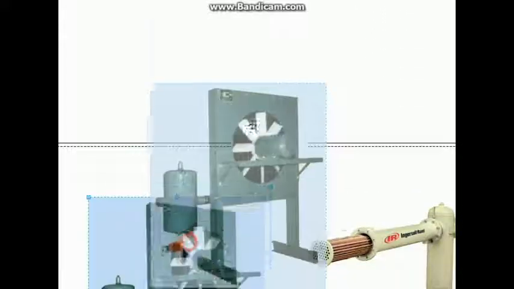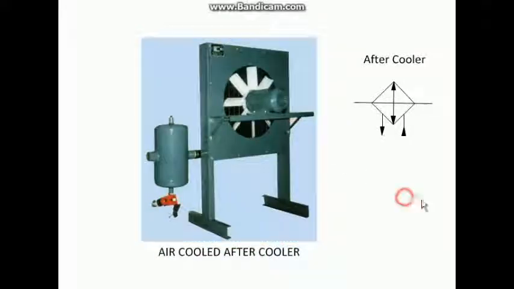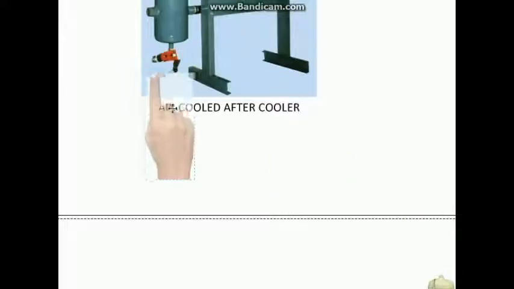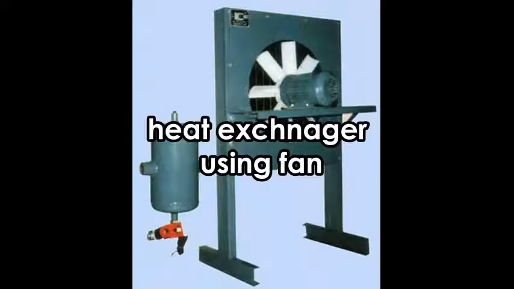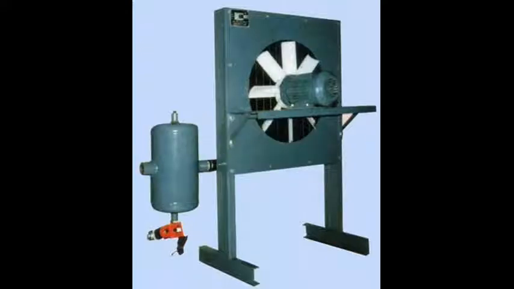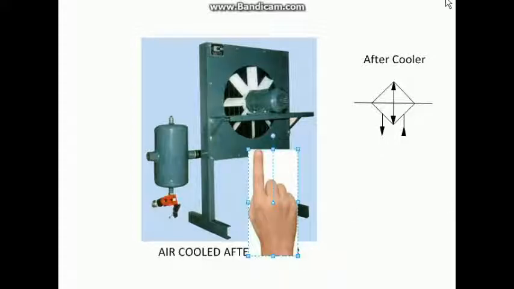The condensate is then gathered and discharged in a cyclone filter installed at the aftercooler outlet. These aftercoolers are made up of a heat exchanger with finned coils cooled by a high-efficiency axial fan mounted on a galvanized and painted sheet structure.